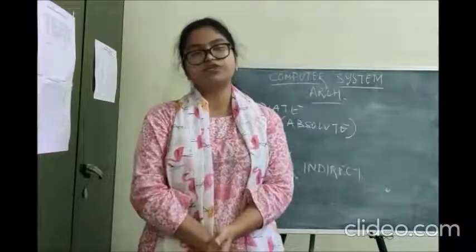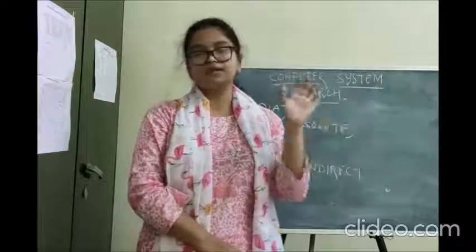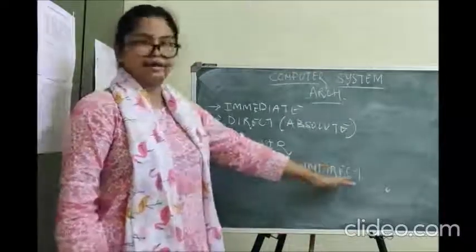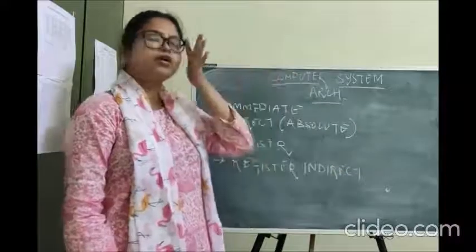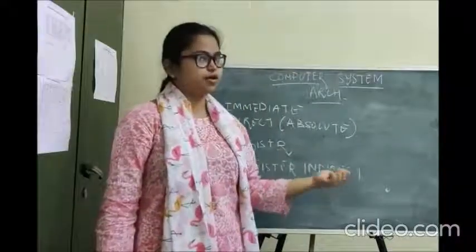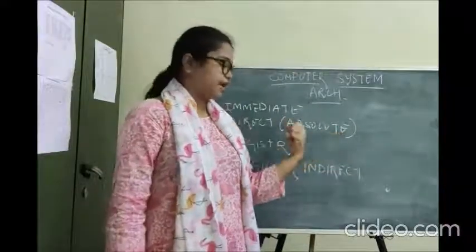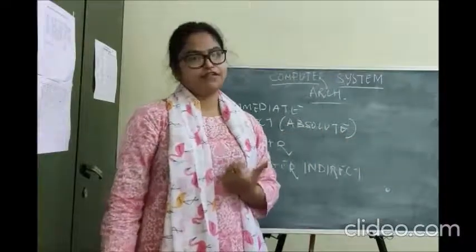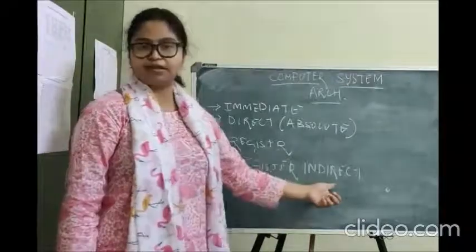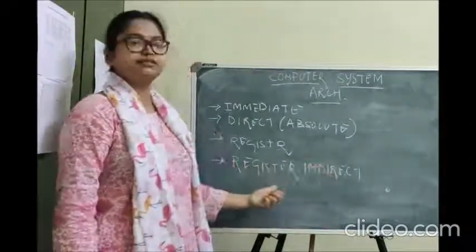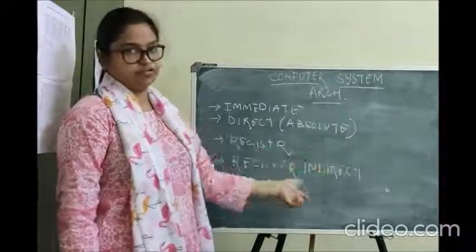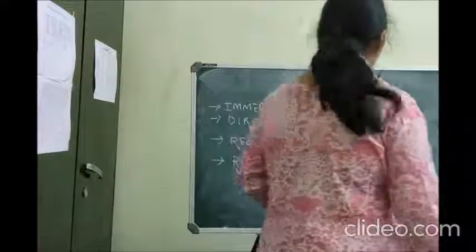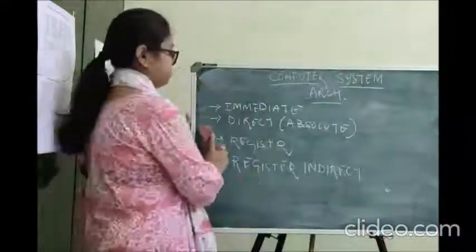Once we get the effective address, we can access the operand from it. So instead of directly giving us the effective address as in register mode, it gives us the address of the effective address. I hope it is clear until now. We will move forward with the next type of addressing mode.